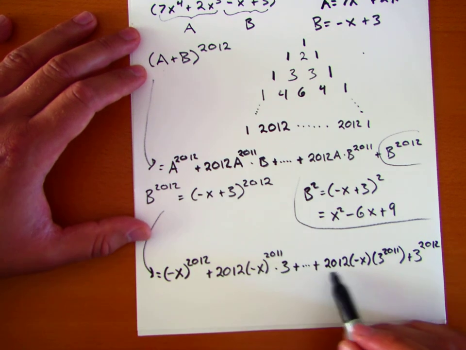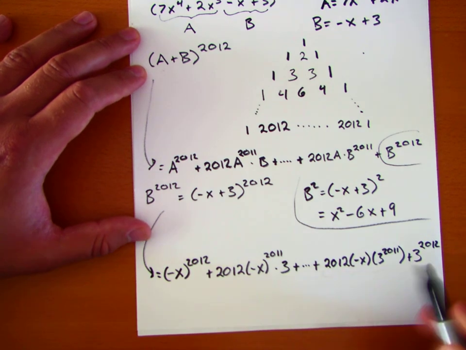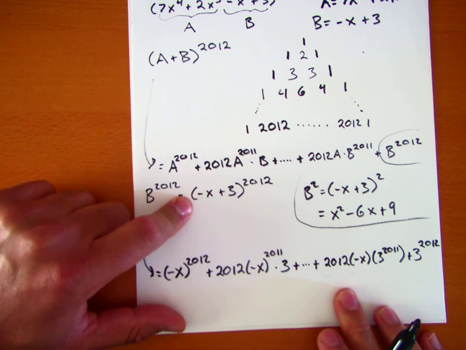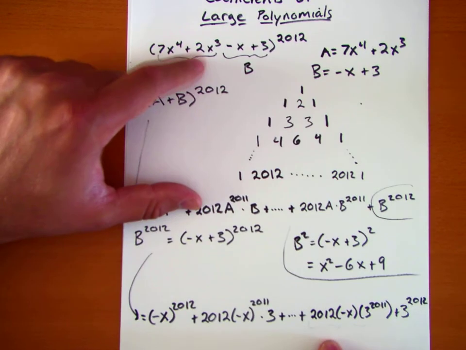And there we go. Here we have our x term in all of this. And this is going to be the only x term, not just in this part, but in the entire polynomial.